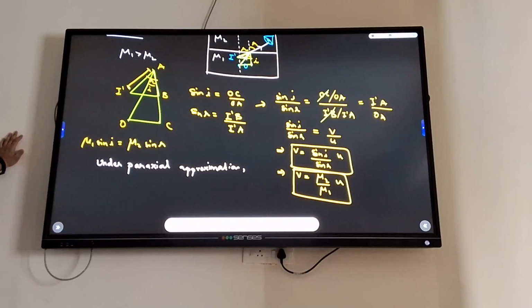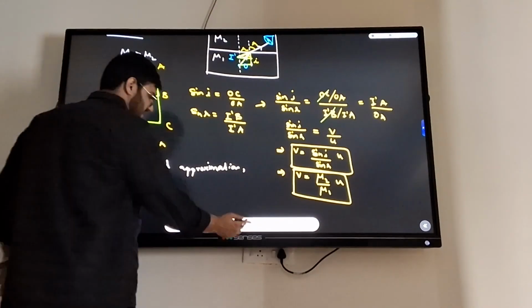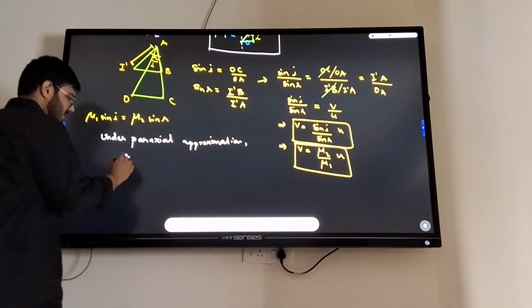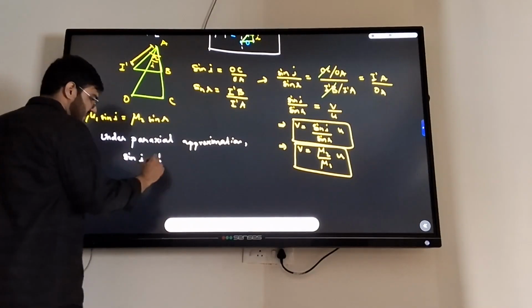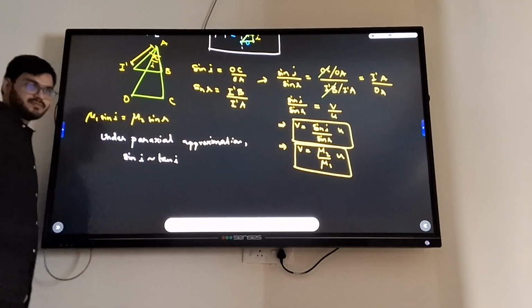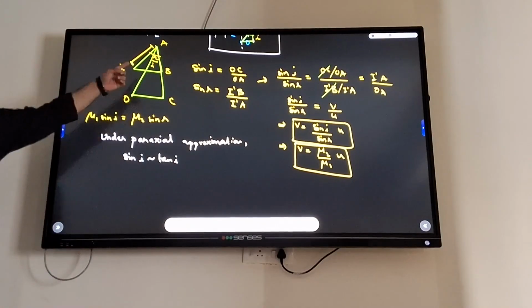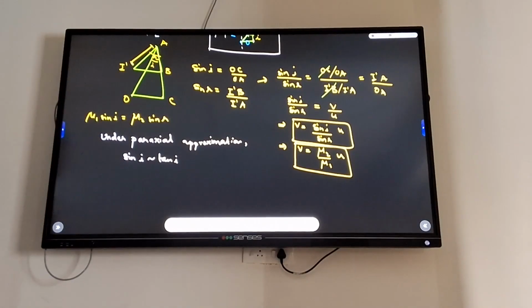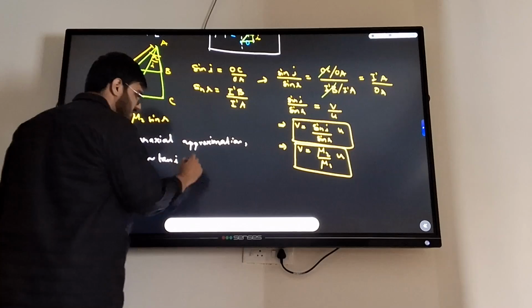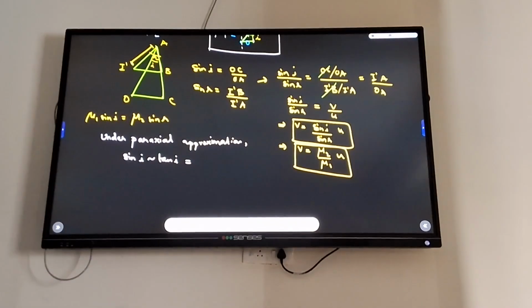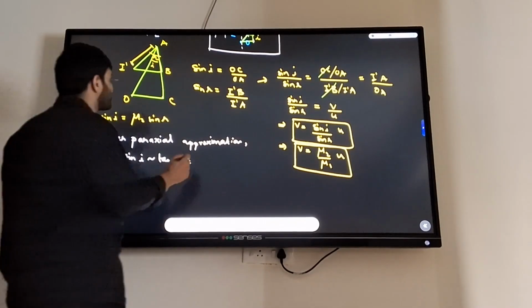Sine theta is theta, tan theta is theta, cos theta is 1. So sin I can be approximated to tan I. Can you look into the triangle and tell me what is tan I? OC by AC. OC by AC.